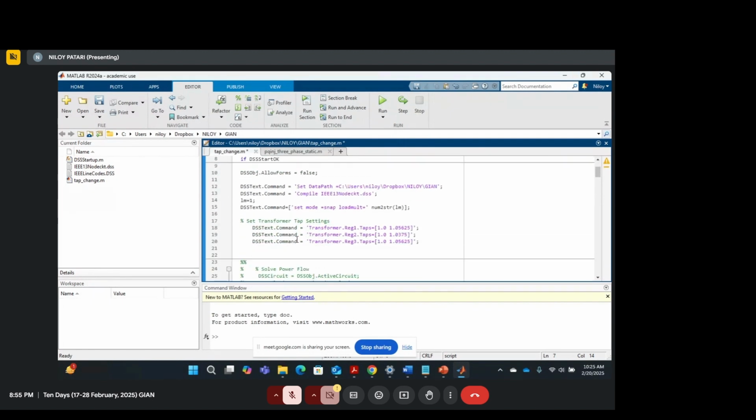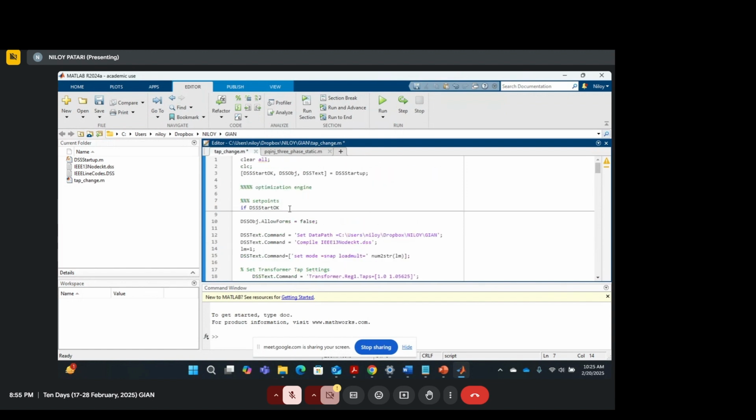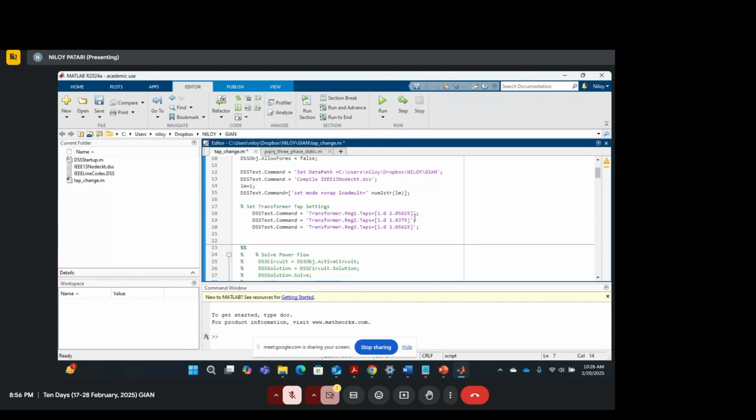Suppose I'm giving an example of a regulator. Whatever set points I got here, I can just put it here. If the tap setting is, say, 9, then it is 9 multiplied by 0.00625 plus 1. So you can put the same tap settings here. These are the control commands for regulator tap settings.